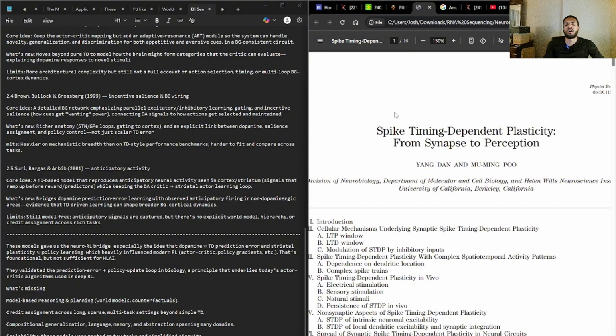Now, there are also some ways of injecting hierarchy into these models.